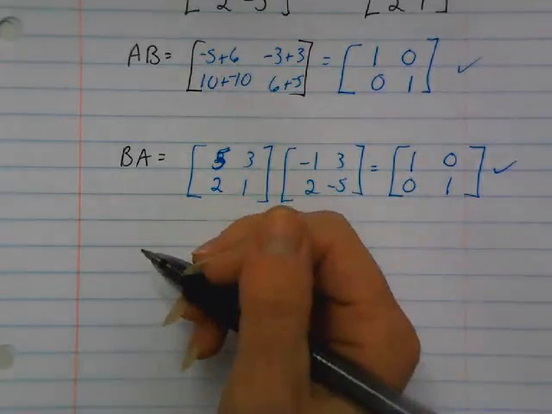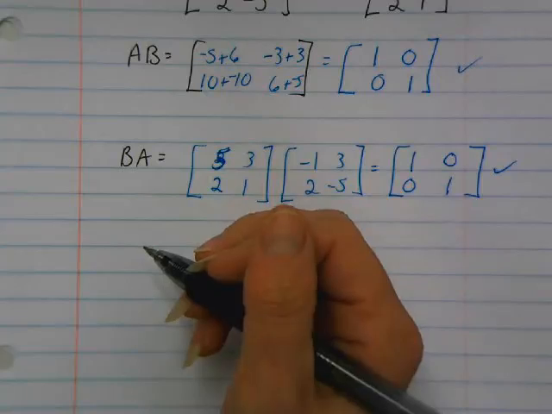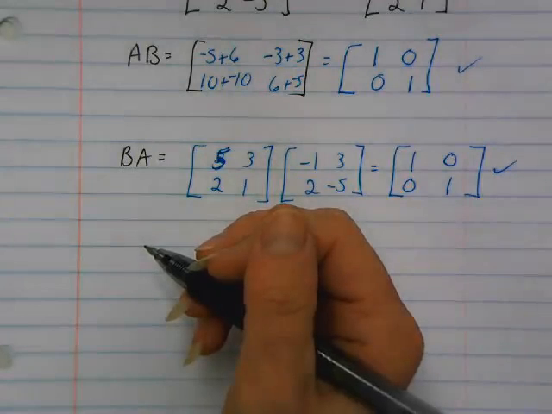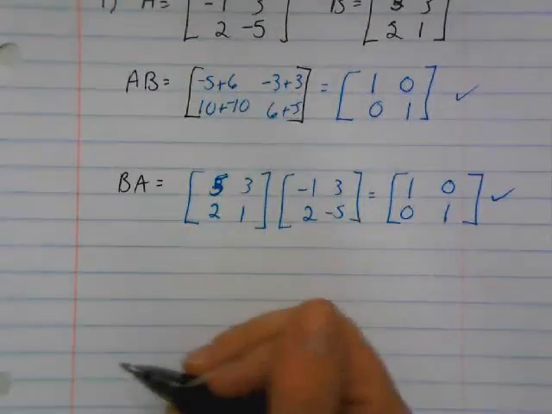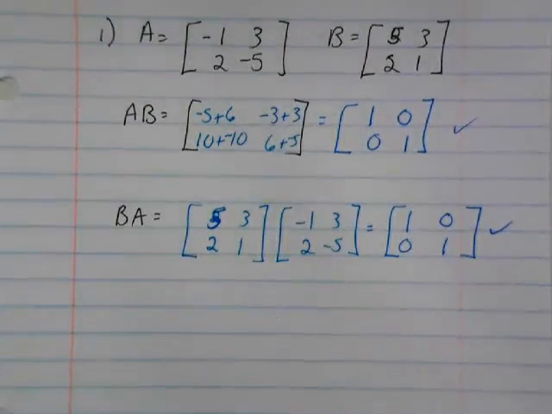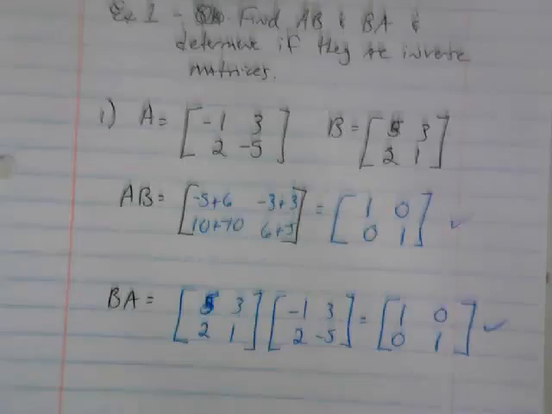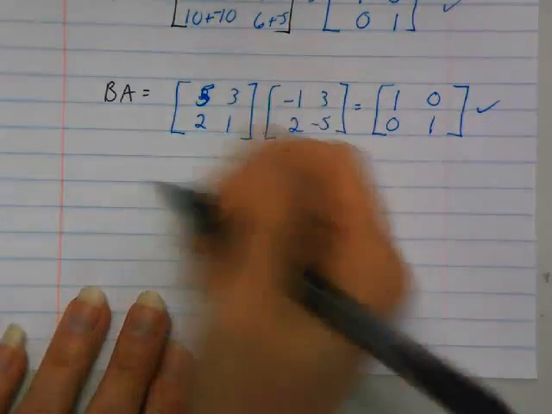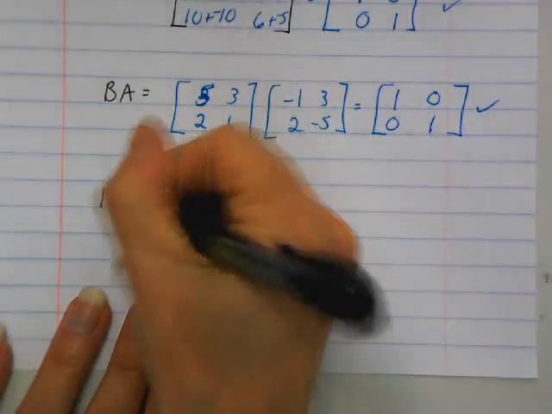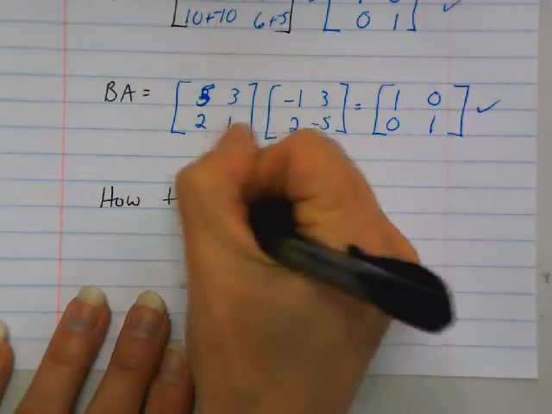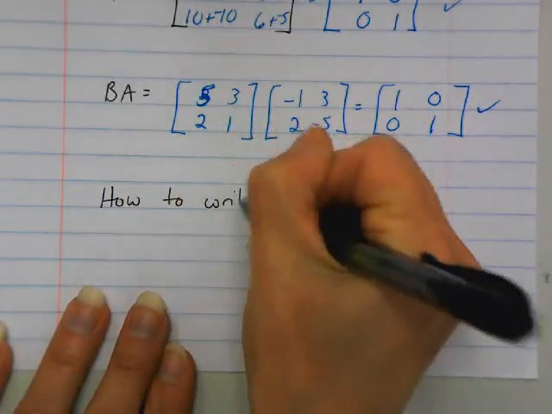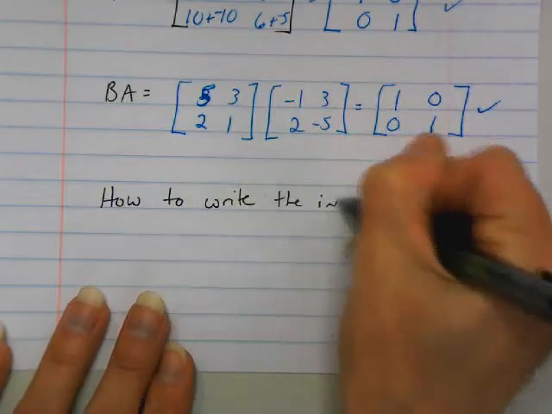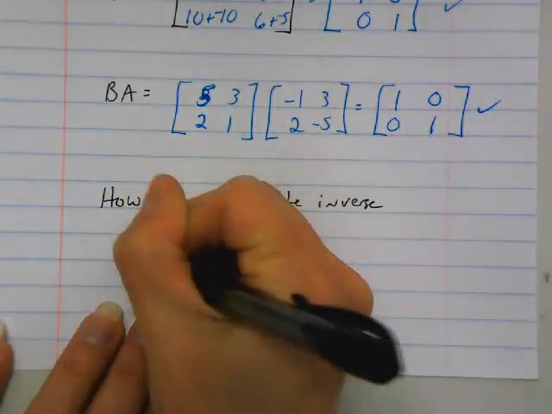Alright, now I want to teach you how to find the multiplicative inverse of a matrix. So we're going to do this by hand. We're going to walk you through how to write the inverse. Step 1.